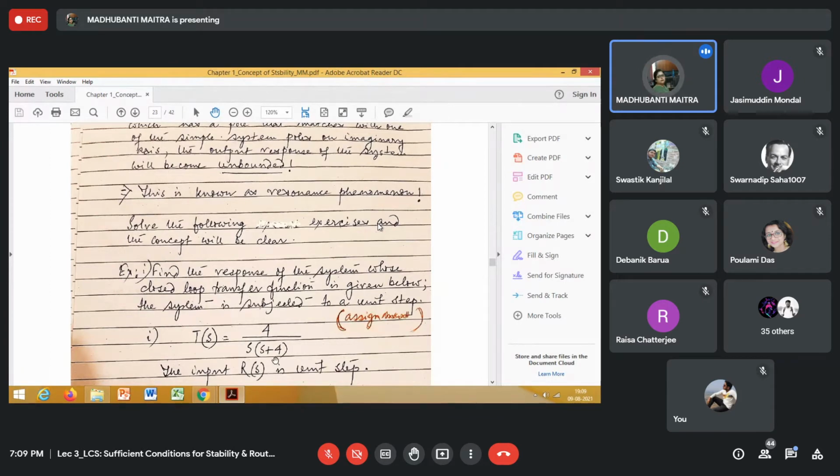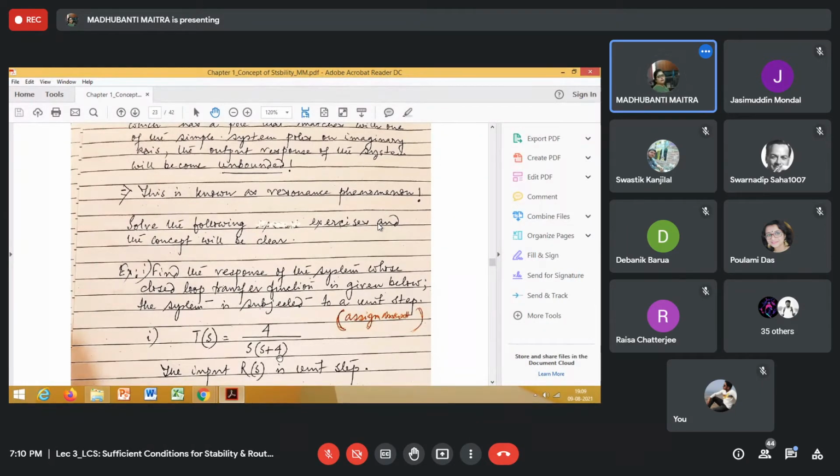So what are the locations of the closed loop poles of the system? One real pole is there at S equal to minus 4. That means the real root of the characteristic equation is lying in the left half of the S plane.